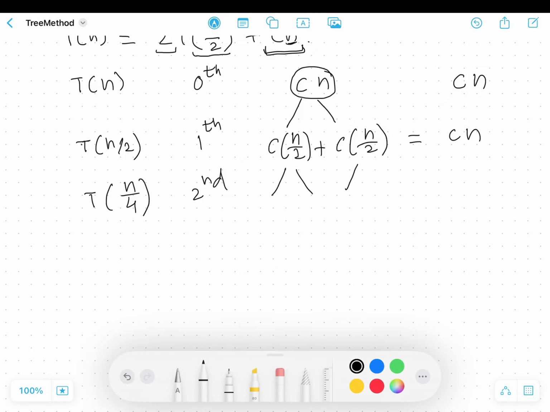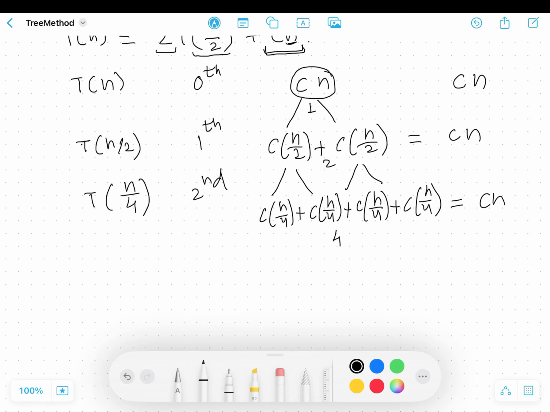So it will be like this, and this will turn out to be C n upon 4 plus C n upon 4 plus C n upon 4 plus C n upon 4. So at the second level, we are doing this much work. So there are 4 recursive calls. Here we have 2 recursive calls, and here we have 1 recursive call. If we sum it, we are going to get Cn again.